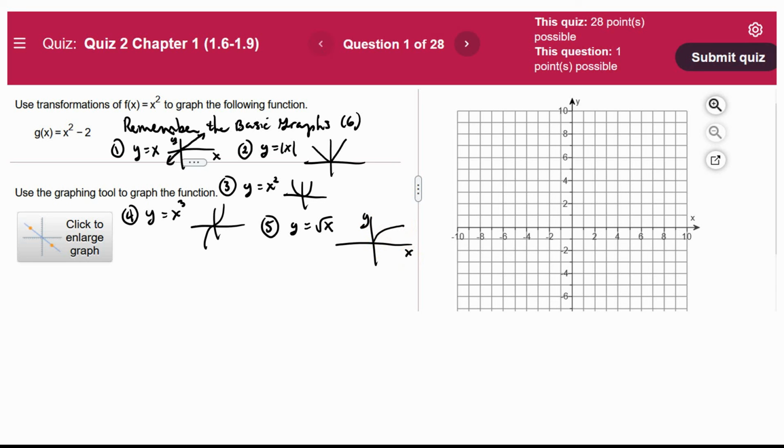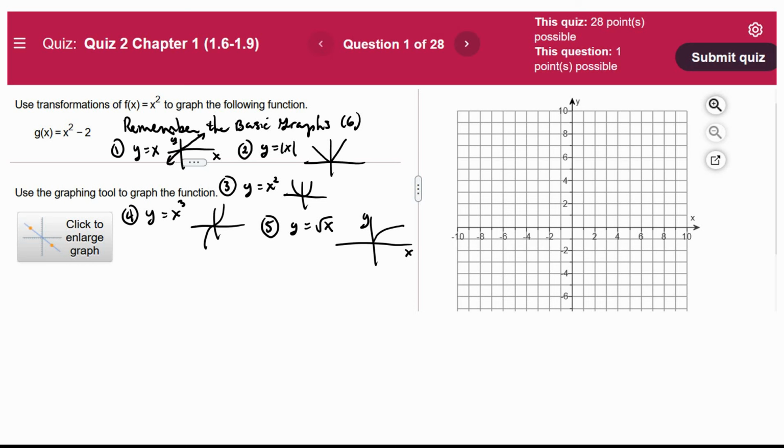What was the 6th one? Was it a horizontal line? Did they give that one? A constant? I think that's what they, is that right?